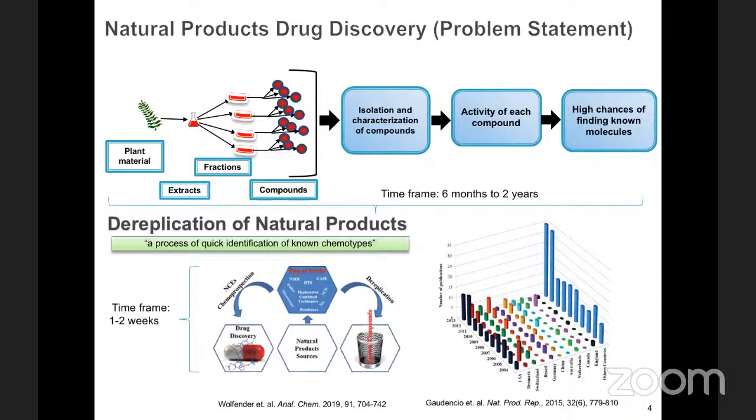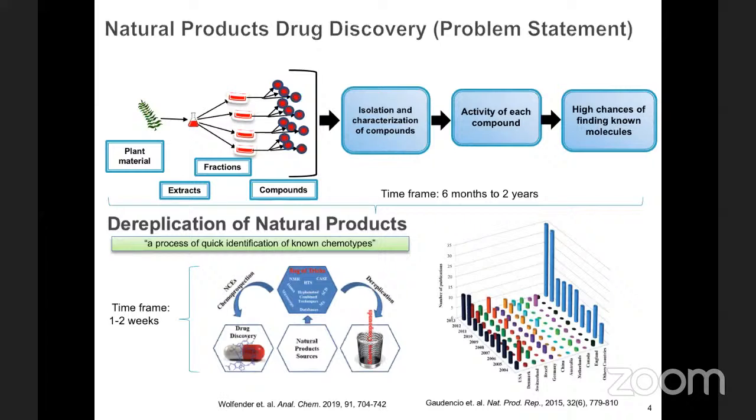Any method you apply, your idea is to find out whether the compound is known or unknown. If it is known, you avoid working on that particular molecule and keep it aside. Here I put it in the trash can. If it is unknown, then we have an NCE, a novel chemical entity, to work on.